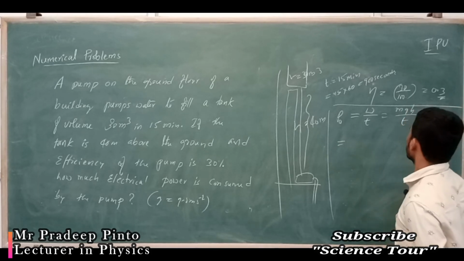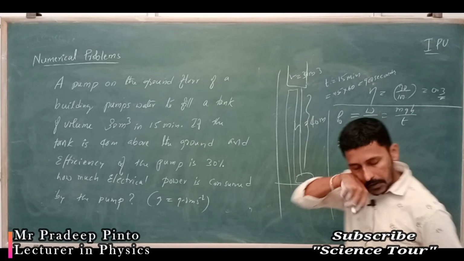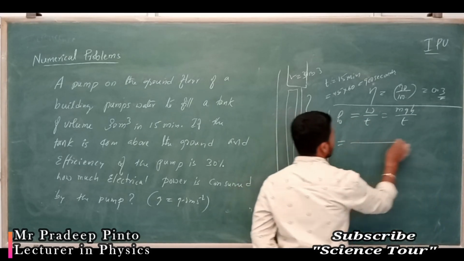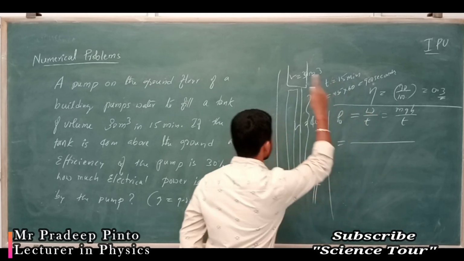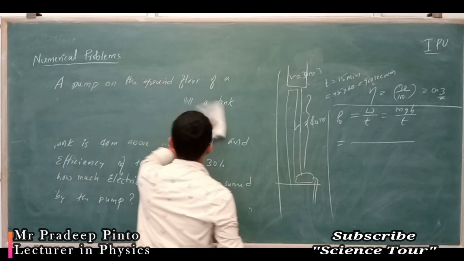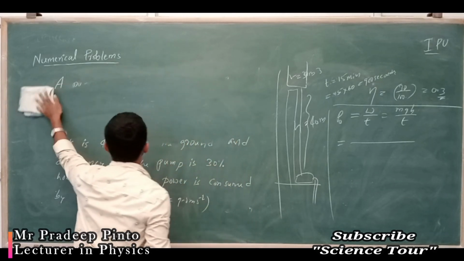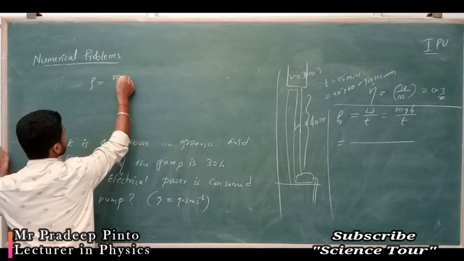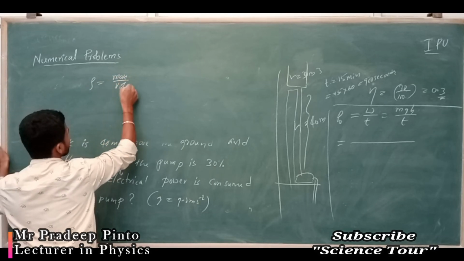So m means the mass. How much mass is going to fill? Mass is not given, but volume is given. We know that density is equal to mass by volume.